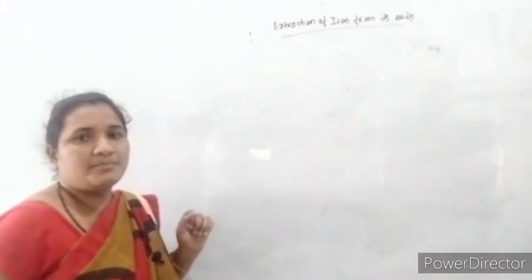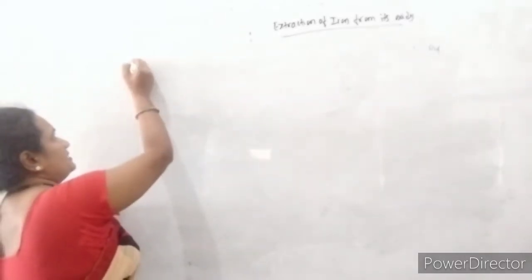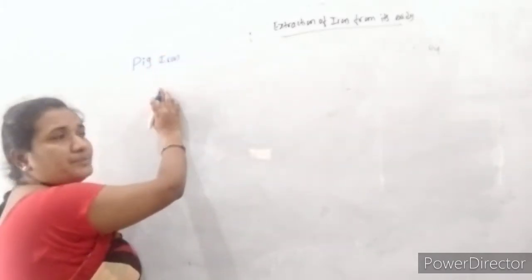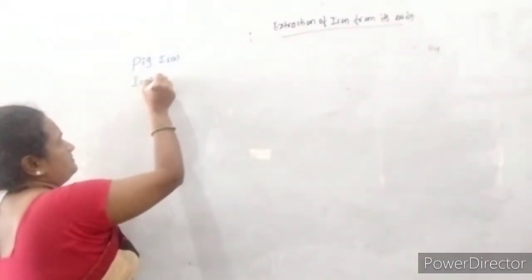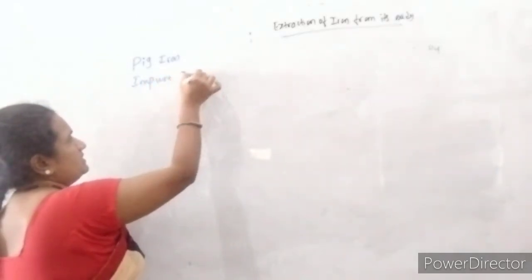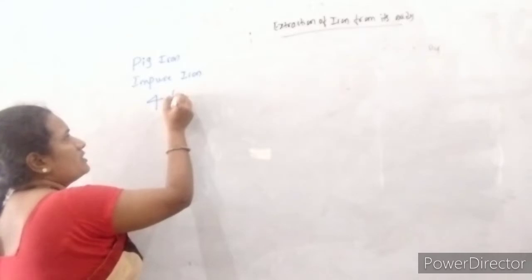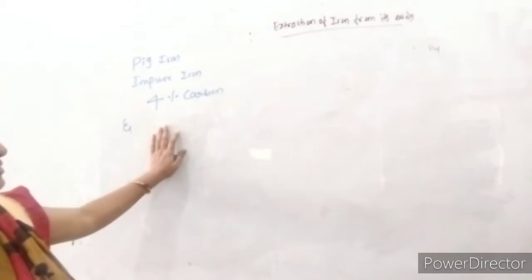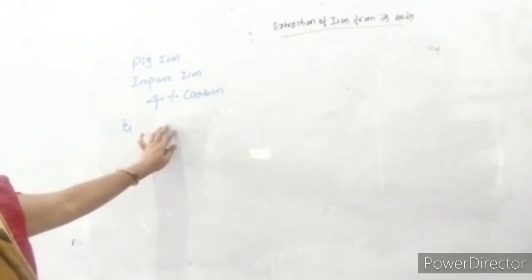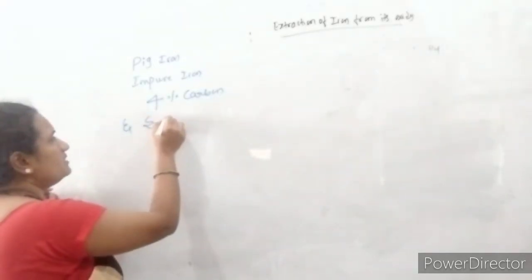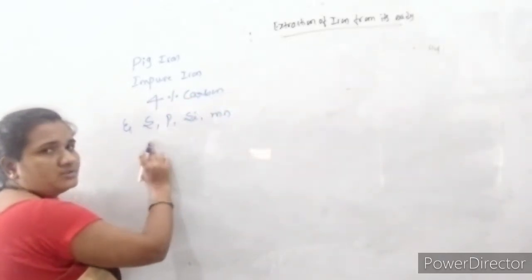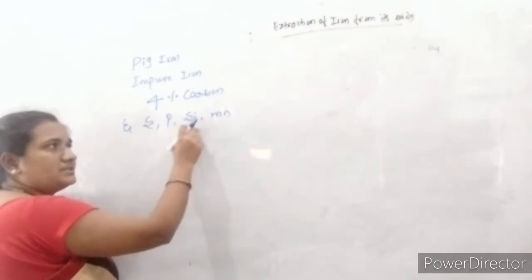We get pig iron from the blast furnace, and it is an impure iron because it contains 4% carbon, and along with this there are some impurities like sulfur, phosphorus, silicon and manganese.